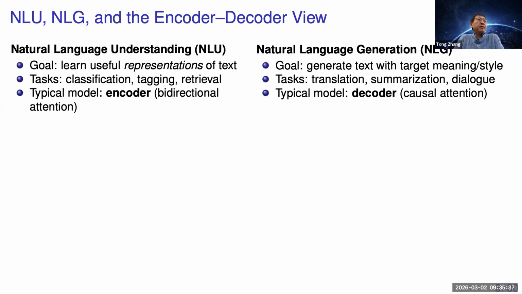Let's talk a little bit about natural language understanding, natural language generation, and the encoder-decoder view, which goes back to our earlier lecture about encoder-decoder. If you recall, we have encoder, decoder, autoencoder, right? So natural language understanding traditionally corresponds to the encoder. Basically, you learn representations of a text, like classification, where sentiment analysis is a key application, and then tagging and so on.